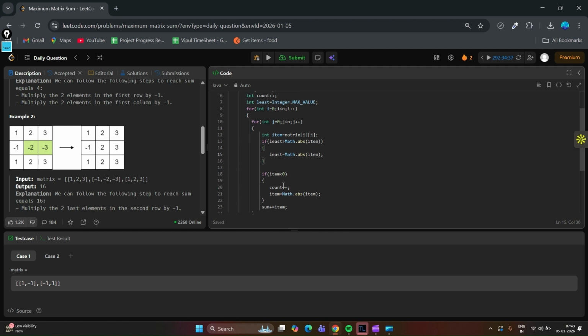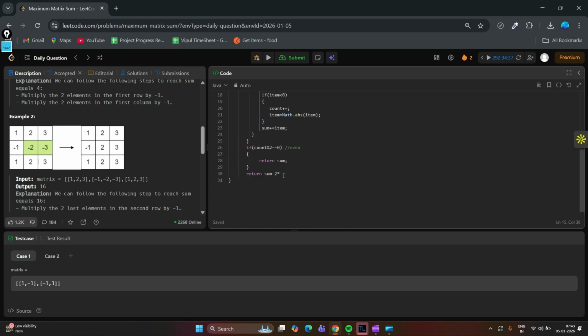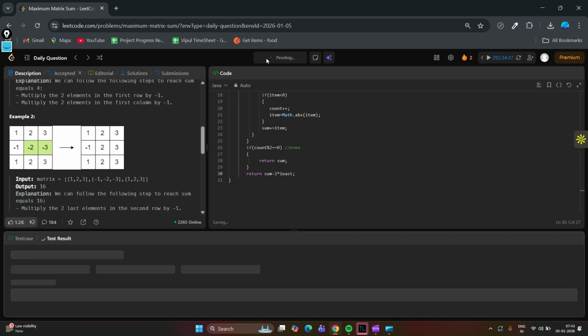I think you are understanding this. Now if our count is not even, it is odd, we just return the sum minus 2 into our list. Let's run it and see what happened.